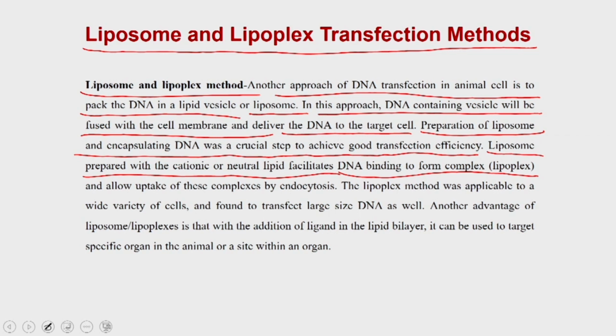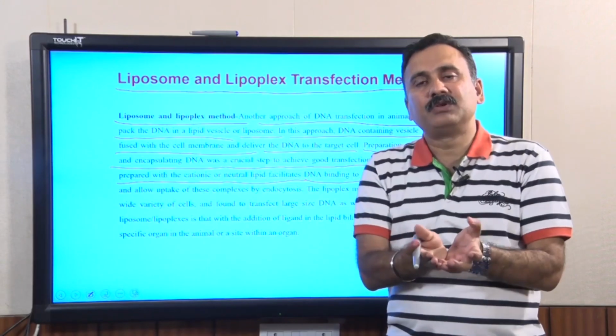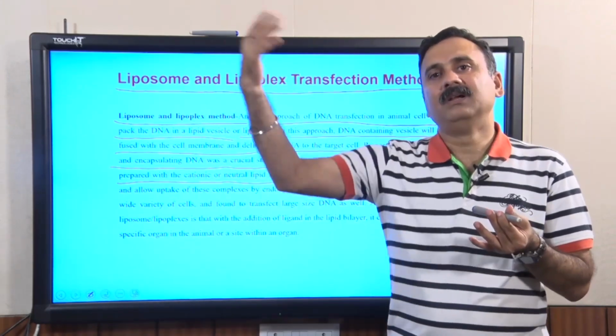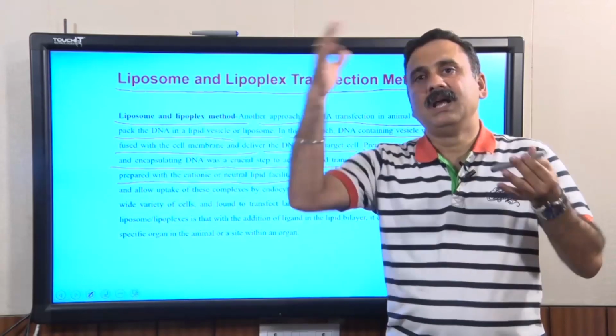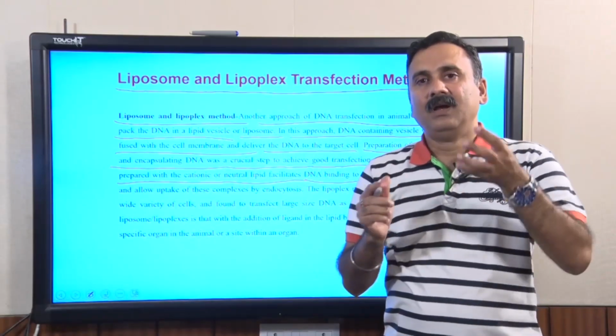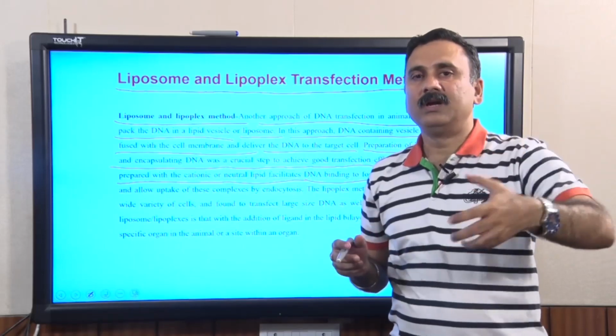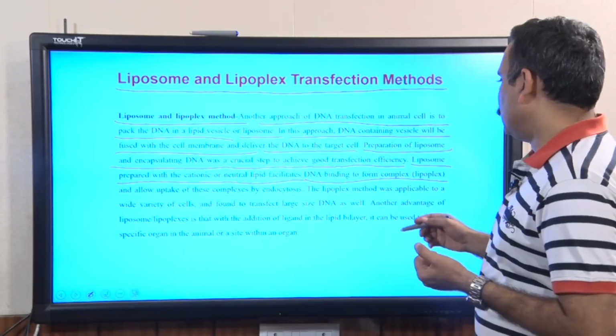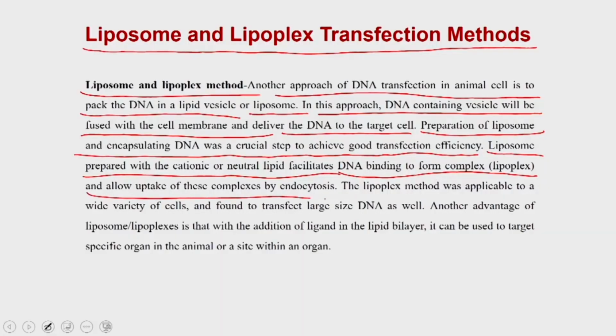If you take cationic lipids, which means positively charged lipids, while making the liposomes, these cationic lipids are going to attract the DNA, which is negatively charged, and that is how the DNA will aggregate onto these vesicles, and these vesicles are taken up by the cell very easily through a process known as endocytosis.